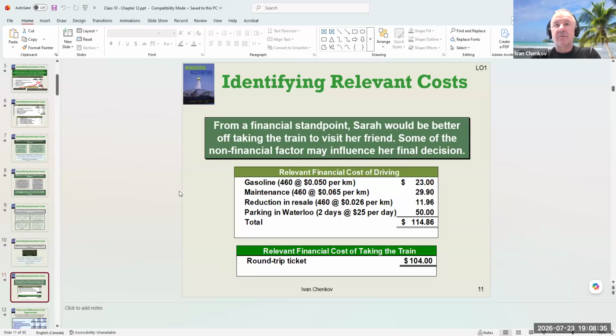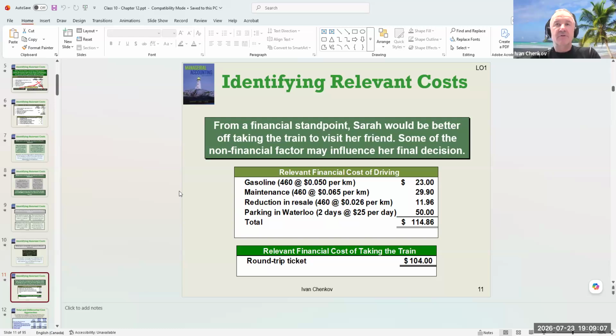Based on the dollar amount, if this is you, what will be the logical choice? Car or train? Train, no questions about it. Now, this is based on the cost. Now, let's put in the qualitative analysis, everything which is not expressed by the cost.